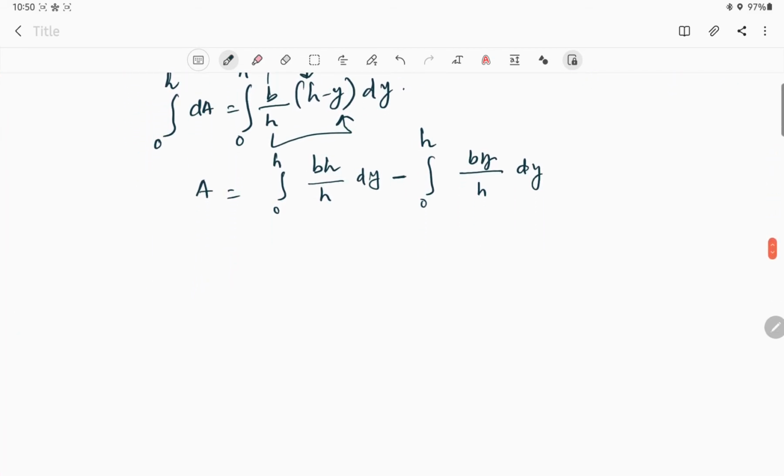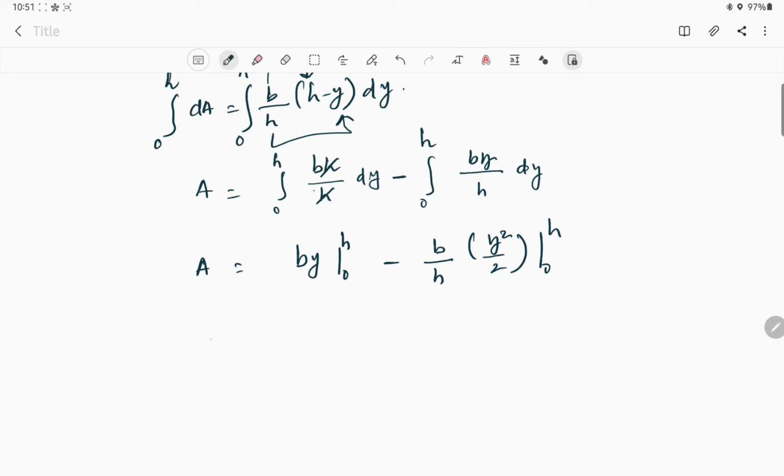Okay, so if you cancel h and h, area is equal to, integral of 1 is y. So b into y, limit 0 to h, minus b by h will be there, and integral of y will be y square by 2, and limit is 0 to h.